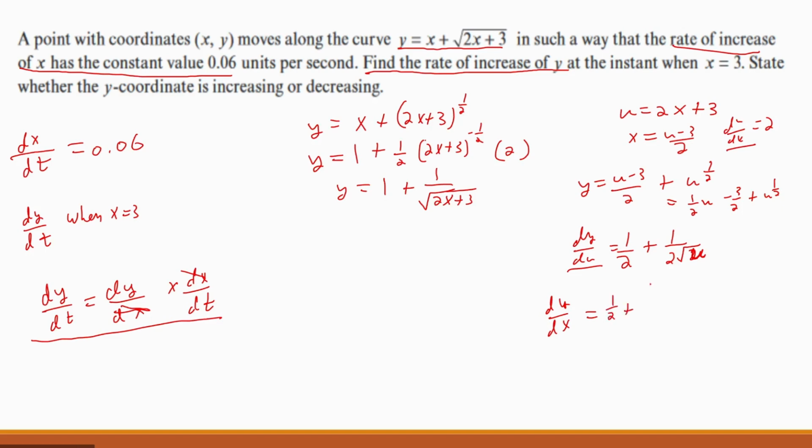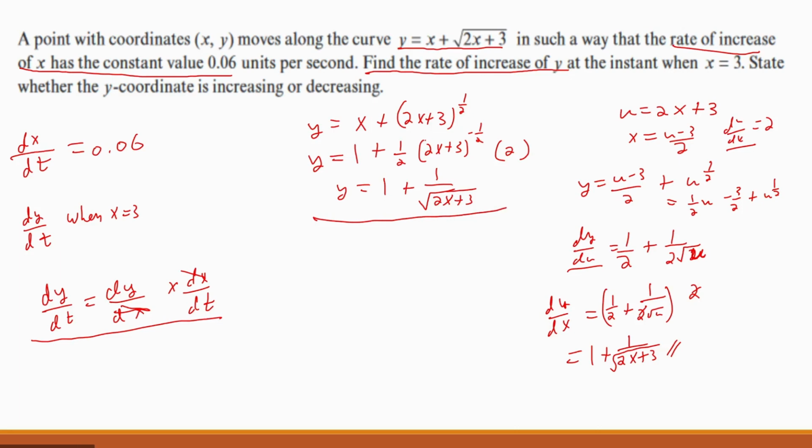So 1 over 2 plus 1 over 2 square root u, into 2. This is supposed to give me 1 plus 1 over square root u, and the 2 and 2 will cancel out here too, where u is 2x plus 3. So as you can see, this can be proven from both sides, but differentiating the inside multiplied with the differentiation of the outside is a very fast method.